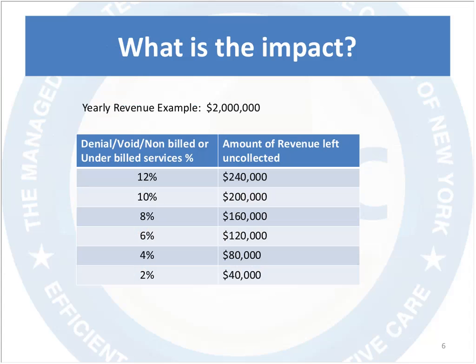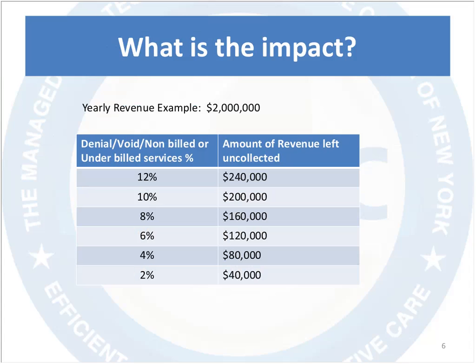So what's the impact? Well, we work with a lot of clinics around New York State, and it's not unusual to see denials and non-payment rates, sometimes in the 6% range, sometimes in the 8% range, and sometimes upwards of 12%. And this little chart here helps you visualize what the impact is.